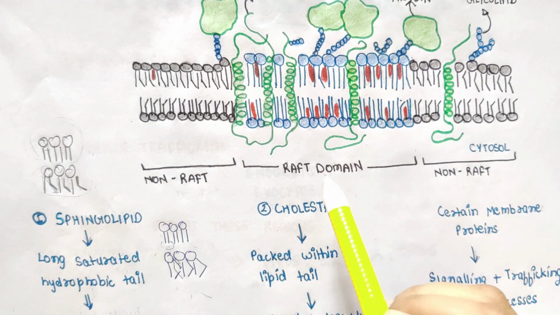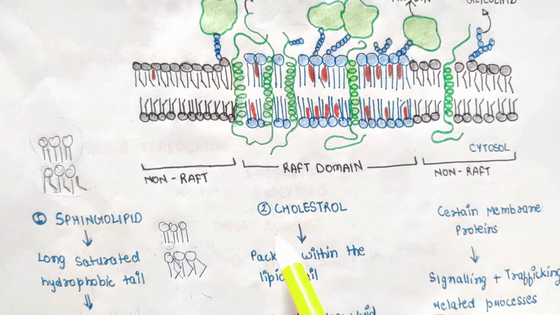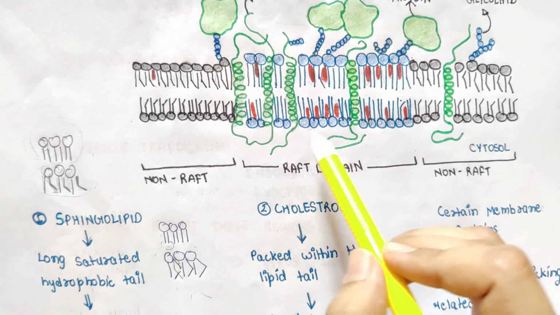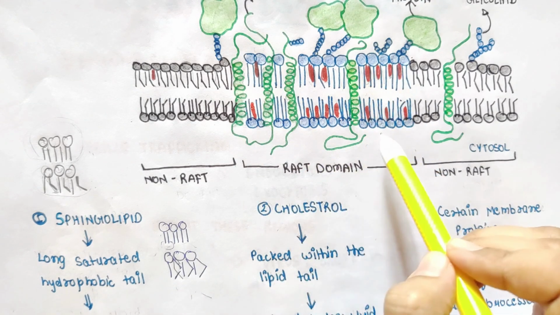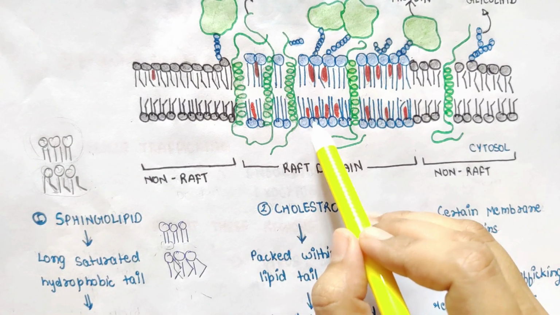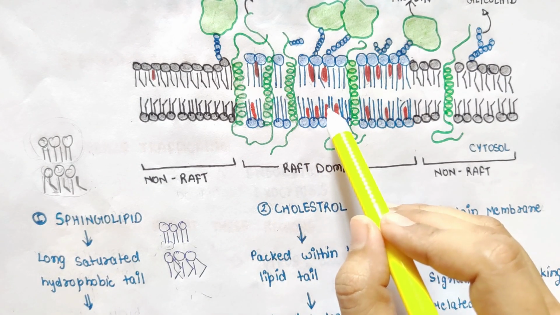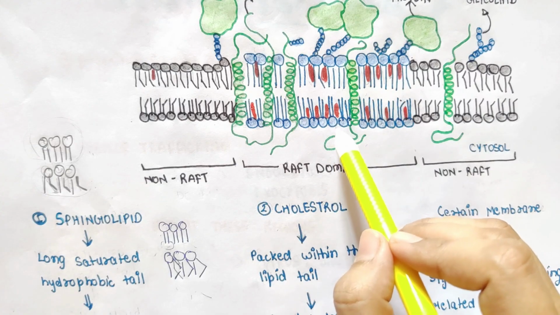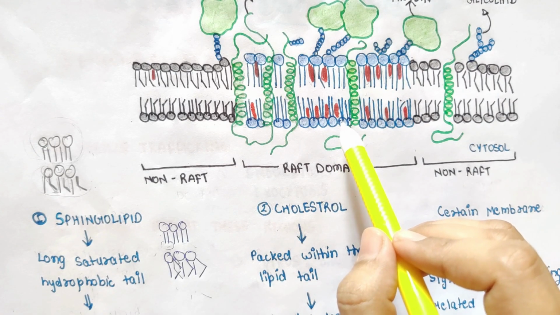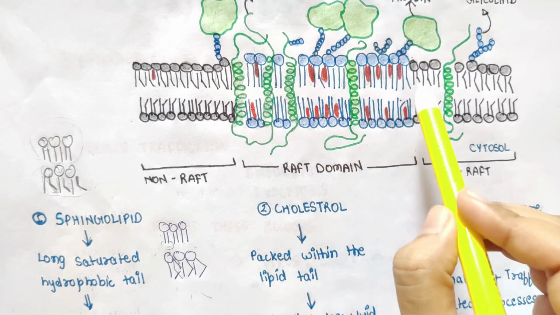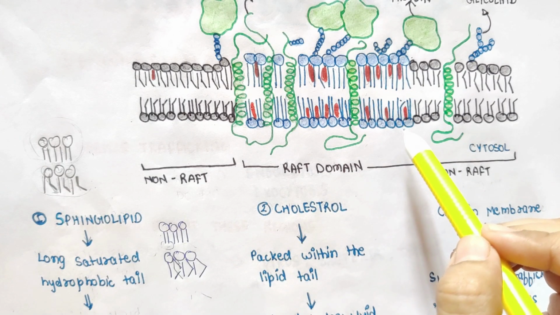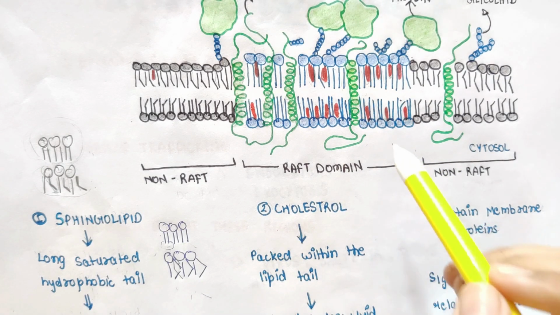Secondly, these lipid rafts are also enriched with cholesterol, and this cholesterol is generally packed within these lipid tails. In the structure, you can clearly see that these red parts are cholesterol, filling any void between the lipid molecules, thereby making this region much more ordered and less fluid in nature.